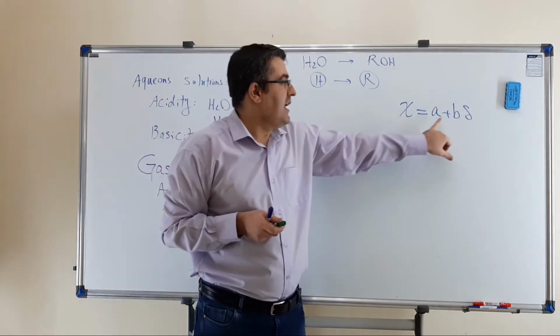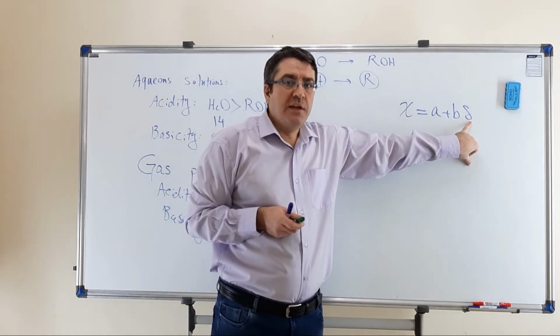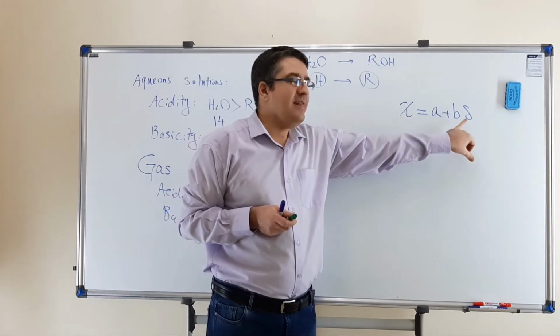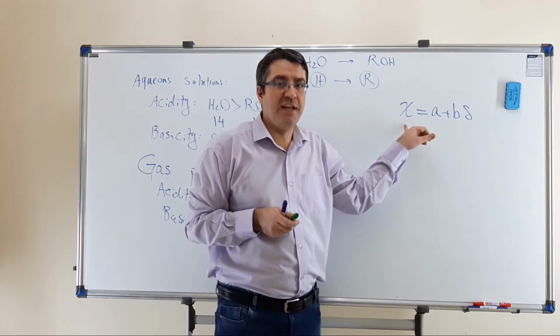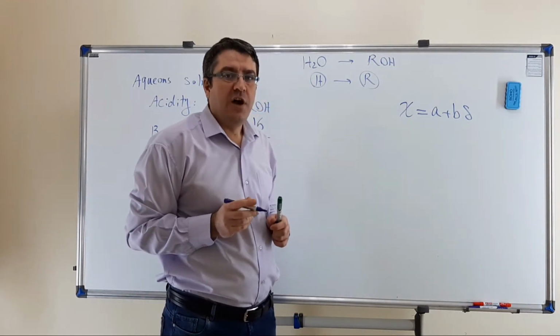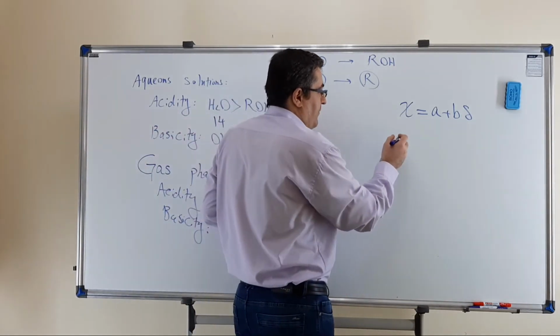Here we see that when positive charge on an atom increases, its electronegativity increases, but when negative charge on an atom increases, its electronegativity decreases. So we can consider hypothetical situations such as these ones.